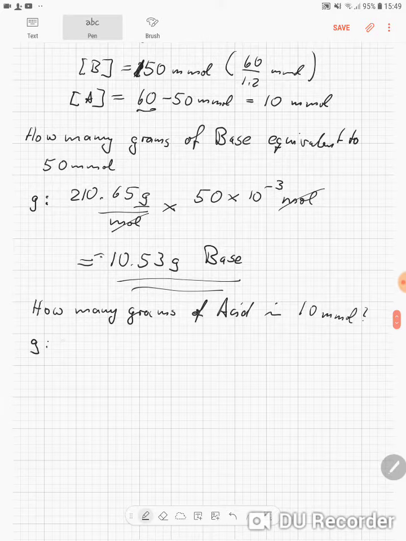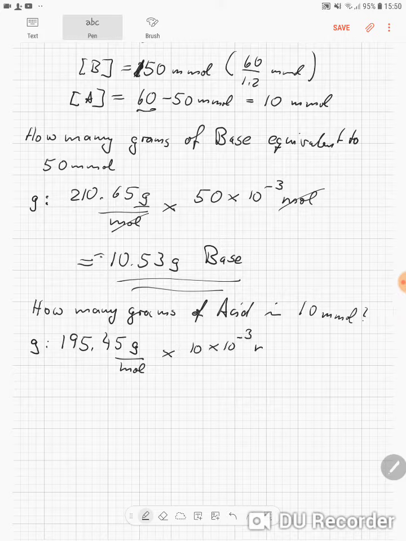Gram equals, we have 195.45 gram per mole, and we have 10 times 10 to the minus 3 mole. Mole cancel out. So that gives us 1.95 grams of acid.